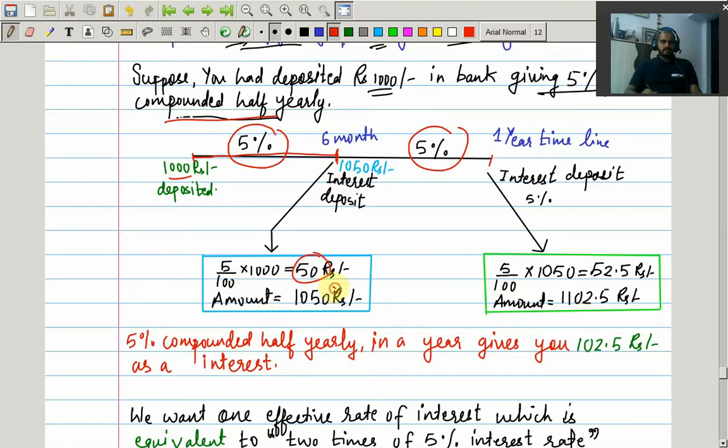Total amount after first half is this much. Then I'm going to get again 5% on this amount, 1050 rupees. So this is the calculation. 5% of 1050 is 52.50 rupees, and this is the final amount. So after 1 year I will get this.